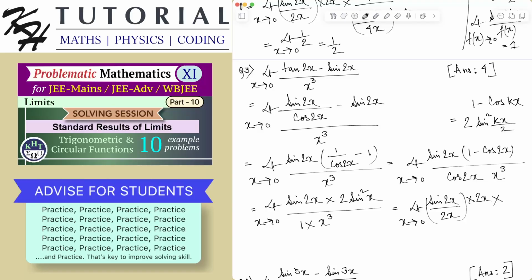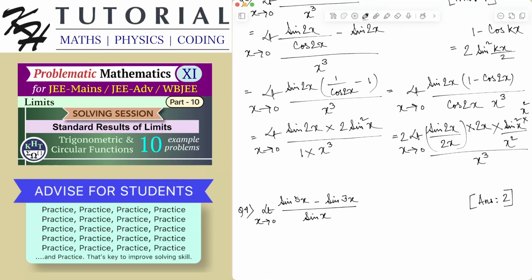Now I am bringing the 2 sine square x outside, and for sine square x, to apply the standard result of sine f(x) by f(x) tending to 1, I need x square as the denominator. So I am creating the denominator x square, but then I have to adjust it, x square, and I have the whole divided by x cube.